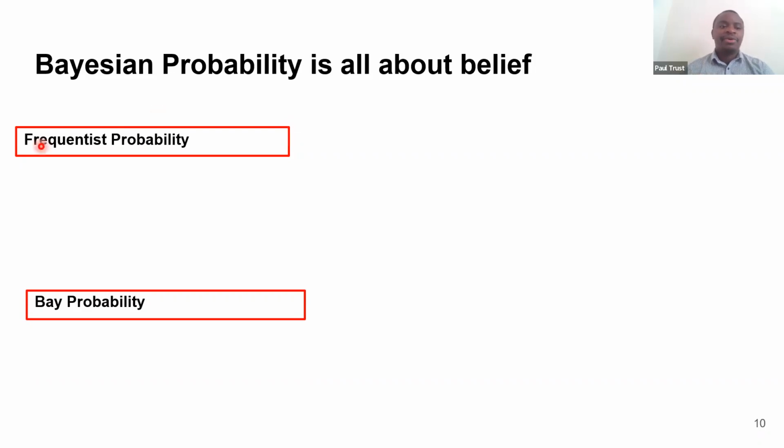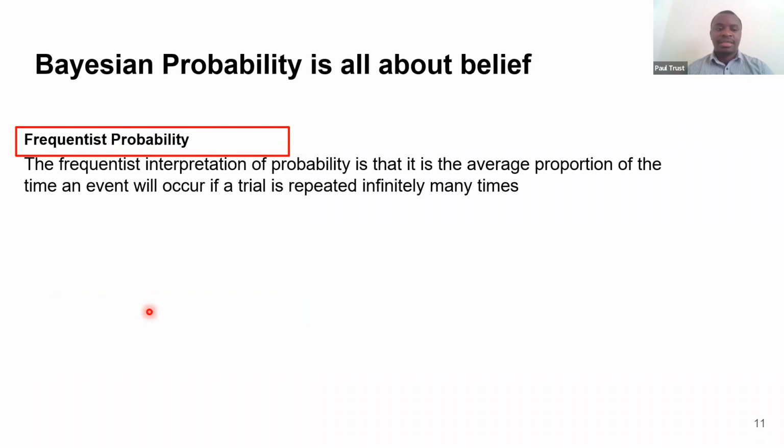One is the frequentist view of probability, and the other one is the Bayesian view of probability. These are the most important definitions, and traditionally they are two competing views. Many people have chosen to be frequentist and others have chosen to be Bayesian.